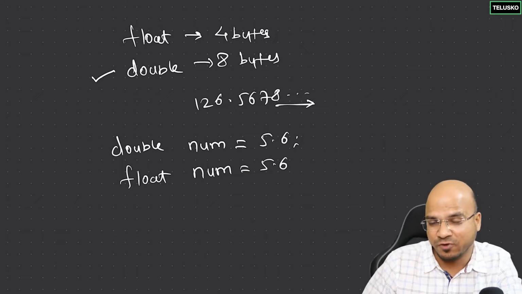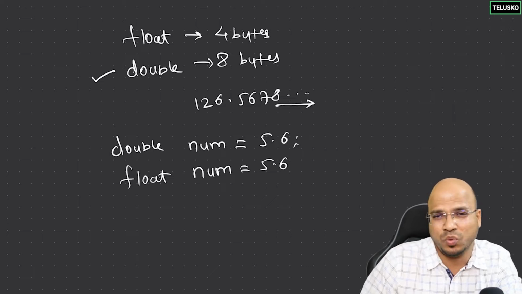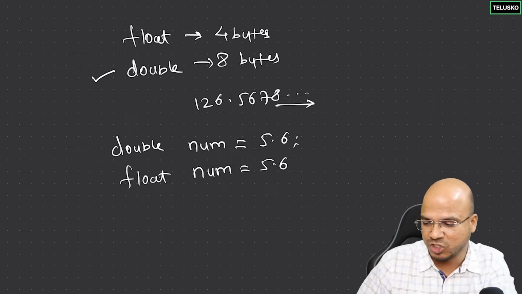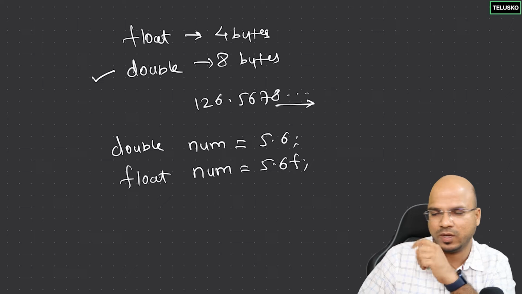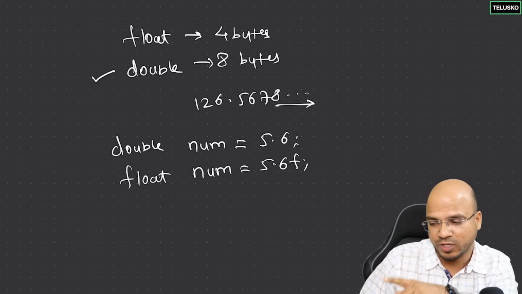It's because by default, the moment you write decimal values, they are considered as double. And if you want to say, hey, I don't want to work with double, I want to work with float, then explicitly you have to mention that this is a float value, so you put an F there. So 5.6F, that's how you define it as a float value. For double, you don't have to mention that.